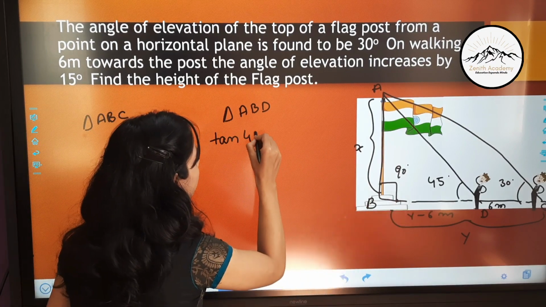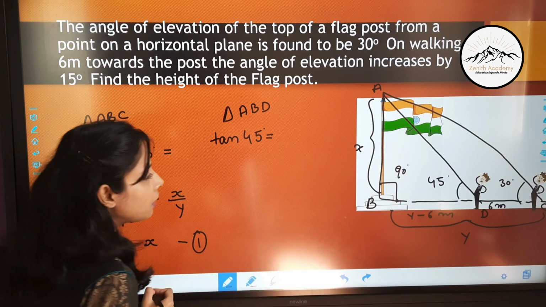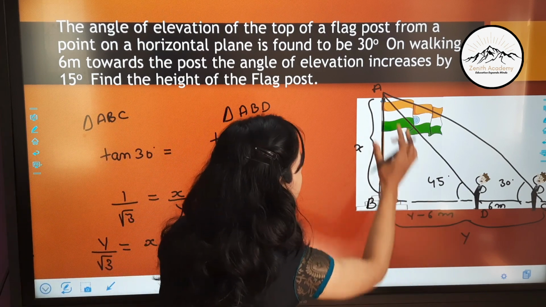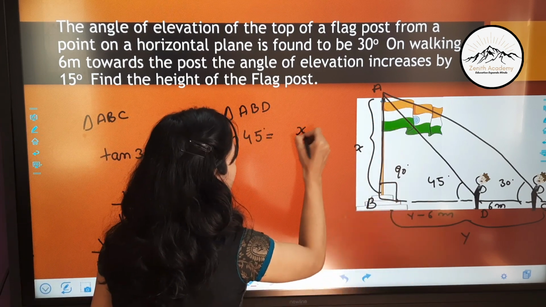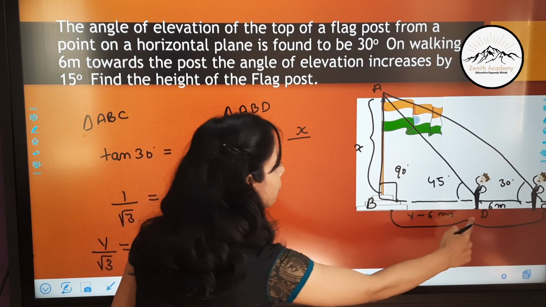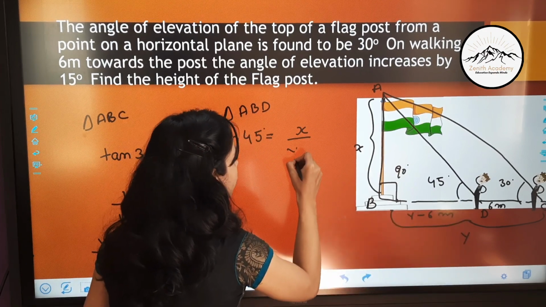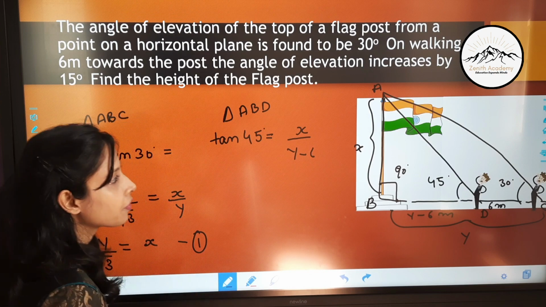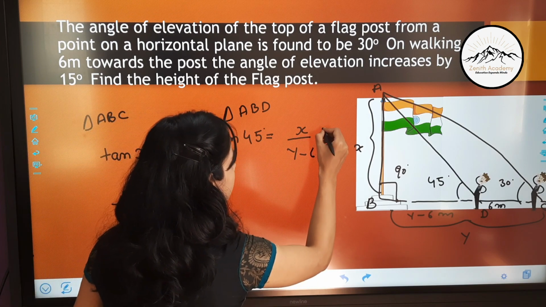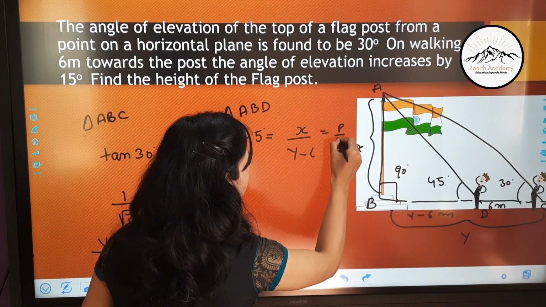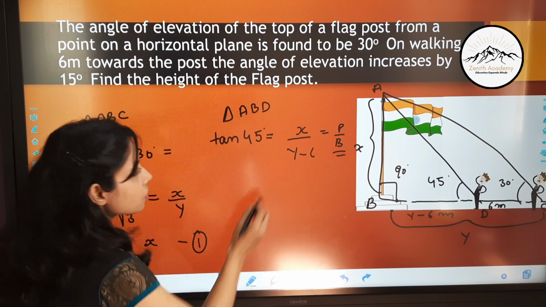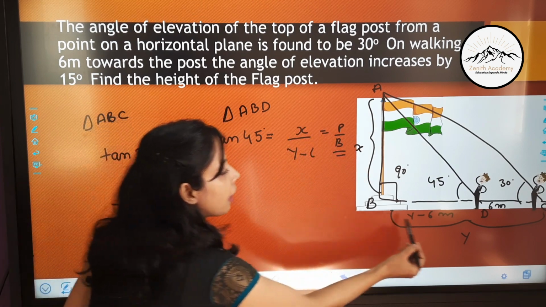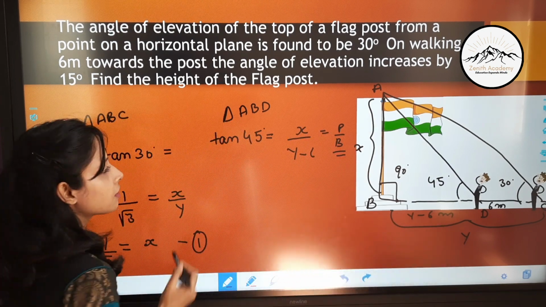Tan 45 degrees is equal to this perpendicular, which is x, AB upon BD is the base. So I'll write y minus 6. This is perpendicular upon base. Please remember, our perpendicular was x and base we found out as y minus 6.